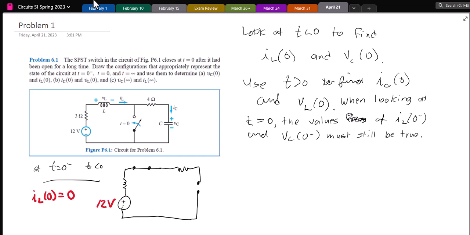There's no current anywhere, and so there's no current going through the resistors, so the voltage doesn't change through those resistors. Our capacitor is in parallel with that 12-volt voltage source, and our capacitor is labeled like this, and that's VC. And so VC also has to be 12. So VC of 0 has to be 12.